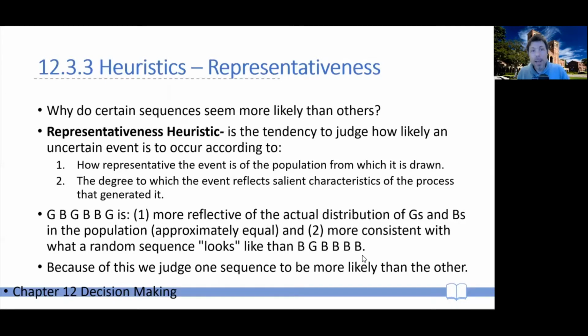So according to this heuristic, we don't quite calculate how likely something is to happen based on probability theory. Rather, we use this strategy that ends up making certain events feel more likely to occur than other events, even though from a purely probabilistic point of view, they're exactly equally probable.